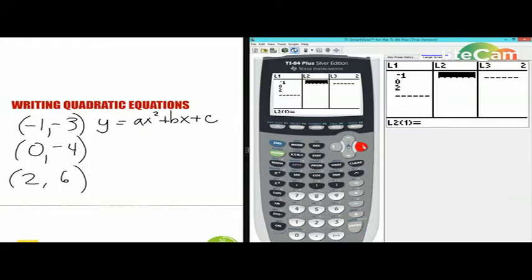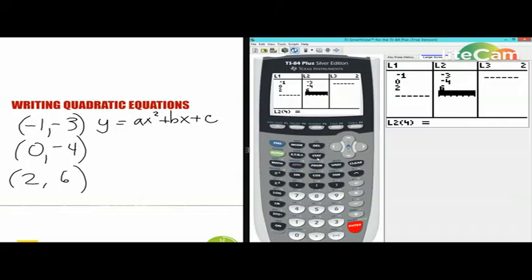I'm going to go over to the L2 list. The L2 list contains the y values. So I'm going to put in -3, -4, and 6. Okay, so I have all of my numbers in the calculator.